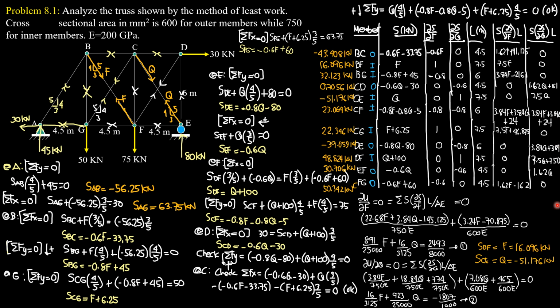So 81 and 384 would be 465. Then divided by area of outer members 600, then divide by E equals 0.